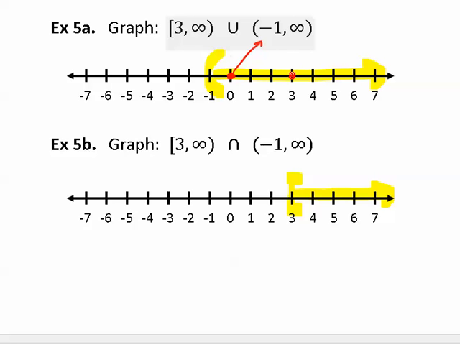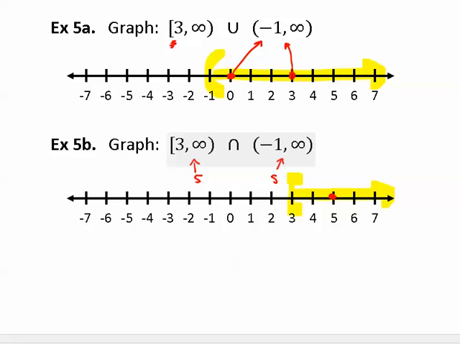What about 3? 3 actually appears in both sets because it's shaded in either one, especially because of this bracket here. For the intersection, it has to be in both. So if we take a number like, let's say 5, is 5 in both intervals? Yes, 5 would be inside of this interval here, and 5 is also in this interval as well. So that's how you can check them.